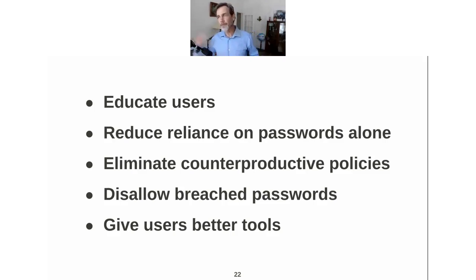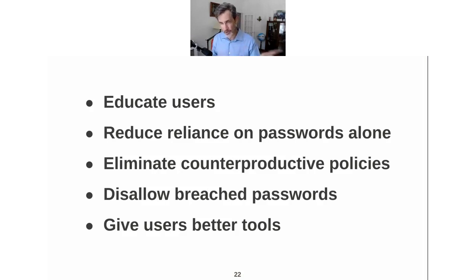But anyway, these are things that we can do right now. We've talked about some of the challenges still ahead of us as long as passwords are still with us. But these 5 things are things that we can do now. Educating users about the importance, primarily about the importance of a unique password, a password that has never been used anyplace else. Reducing our reliance on passwords alone, primarily with multi-factor authentication, really helps.